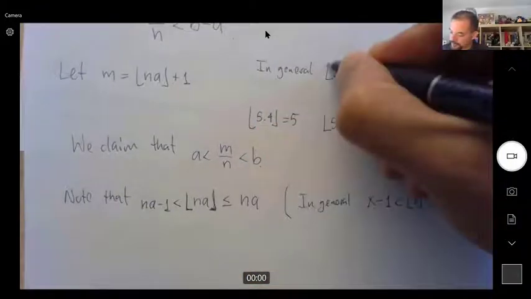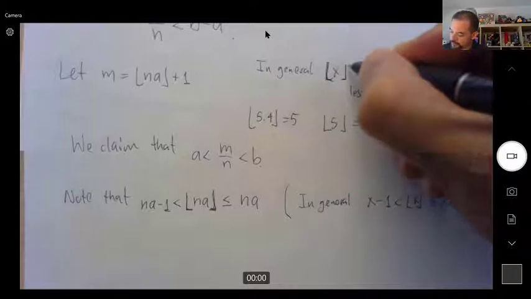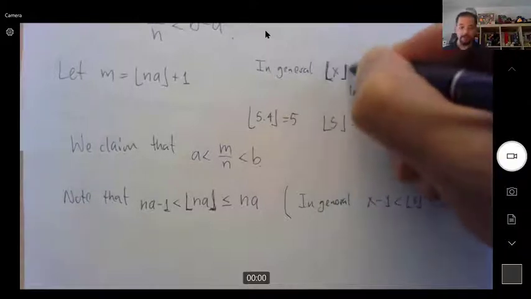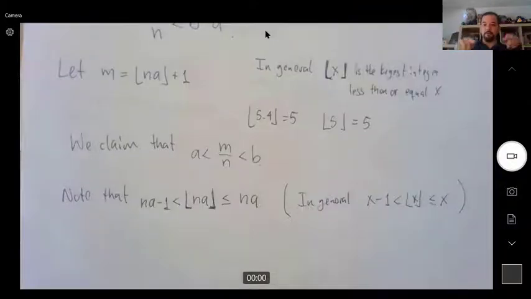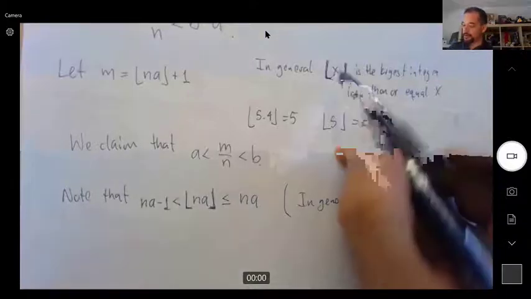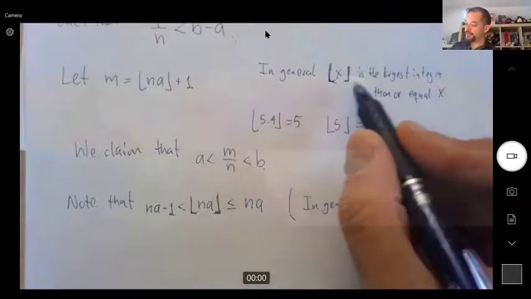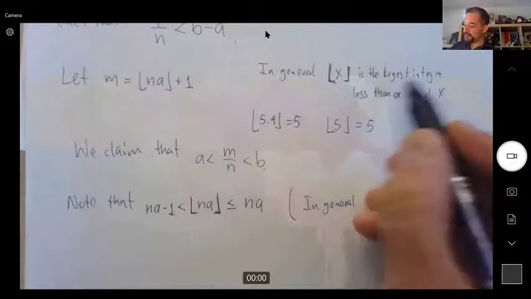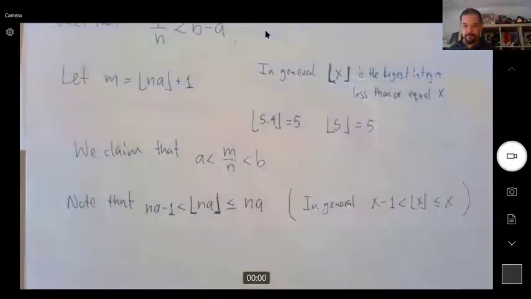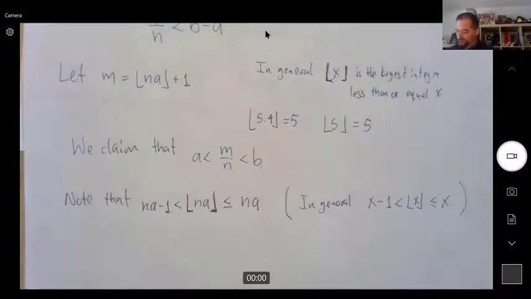It's not a bracket because it only has the bottom part, and that's why we call it the floor function or the integer part function. So the floor of 5.4 is 5. This is the definition: the largest integer less than or equal to x. Gotcha, thank you. All right.